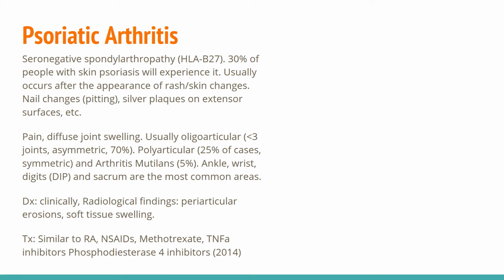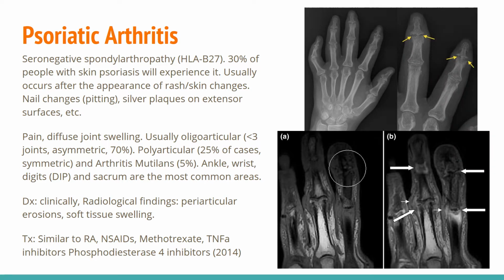Polyarticular, or multiple joints greater than 3, occurs in 25% of the cases and is symmetric, as well as arthritis mutilans, which is severe destruction of the joint, in 5% of cases. The ankle, wrist, digits, mainly DIP, and the sacrum are the most common areas associated with psoriatic arthritis.